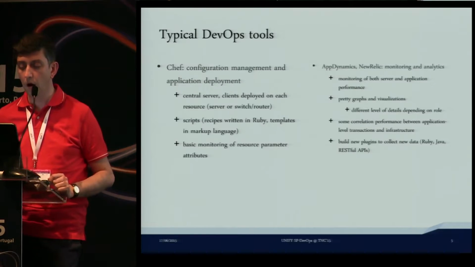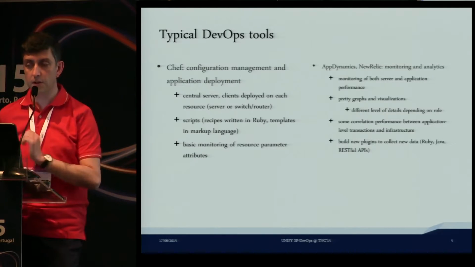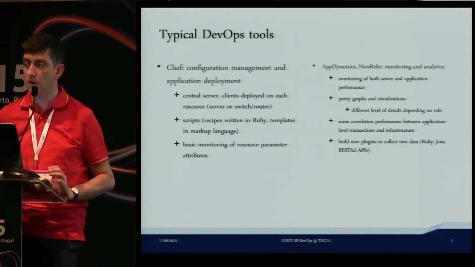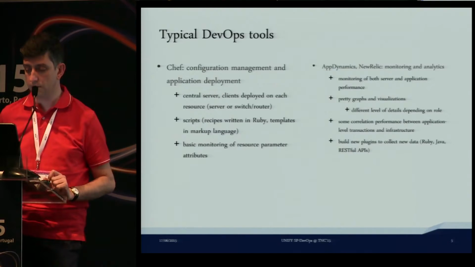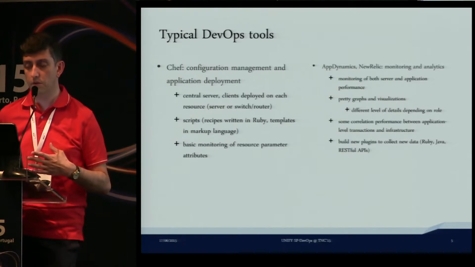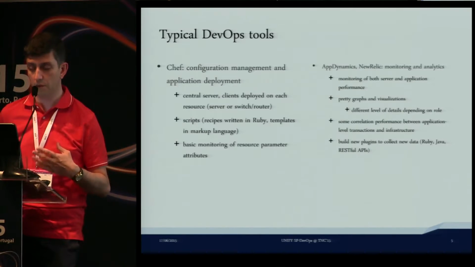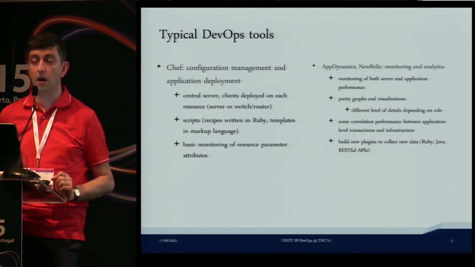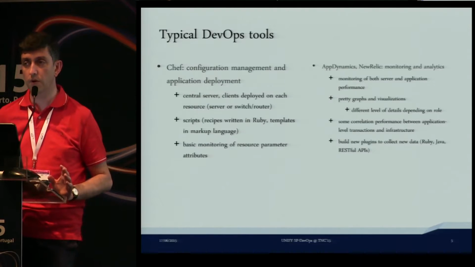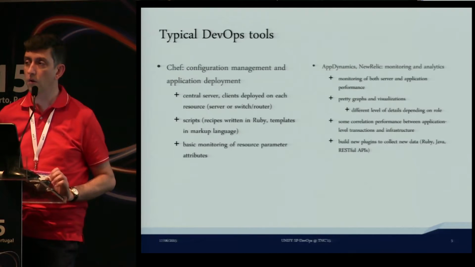On the performance management side, we have tools like AppDynamics and New Relic that are targeting monitoring and analytics. They are very nice because they monitor both server and application performance. They have very nice user interfaces plotting a lot of pretty graphs for the operations people or the developers to see.